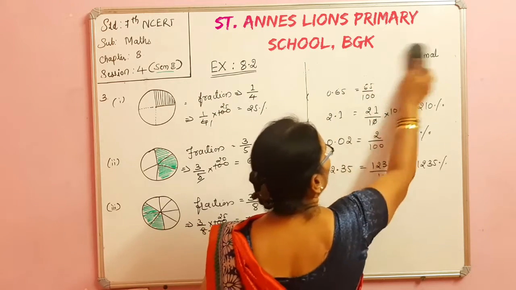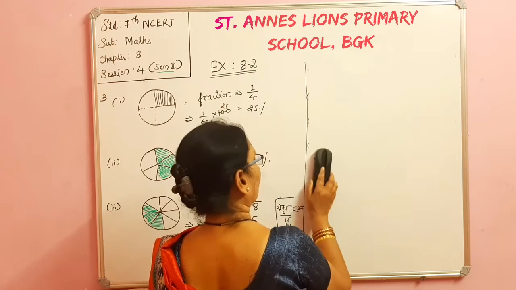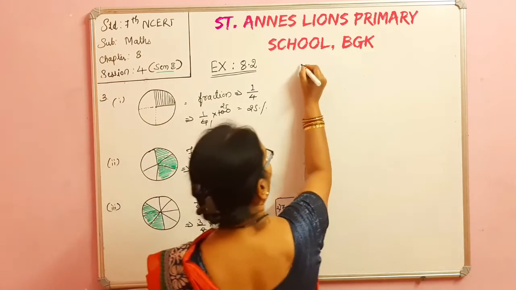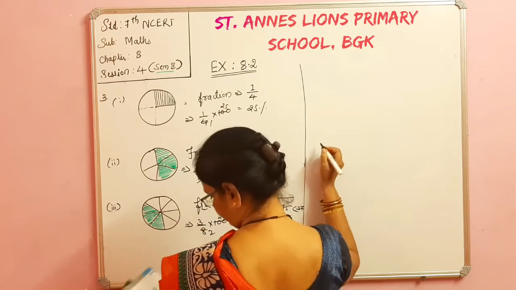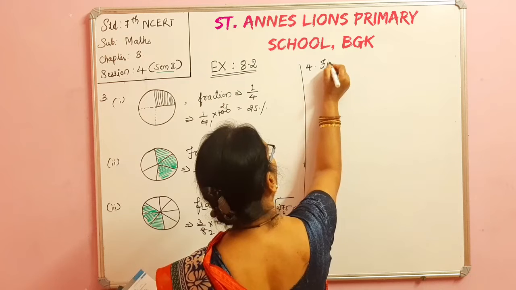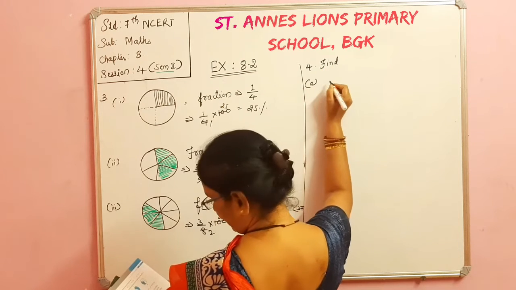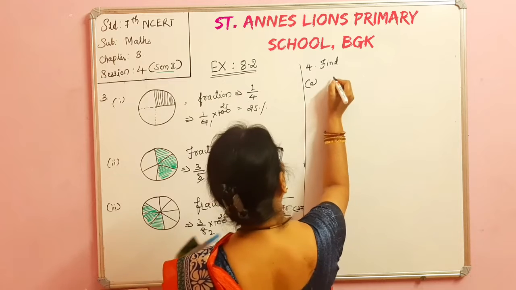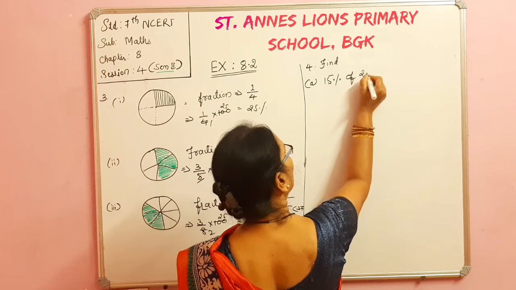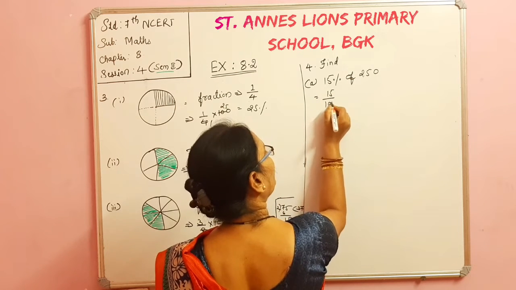Now the fourth main we will do. Fourth main is find. First one in that, 15% of 250. See here, 15% means 15 by 100.